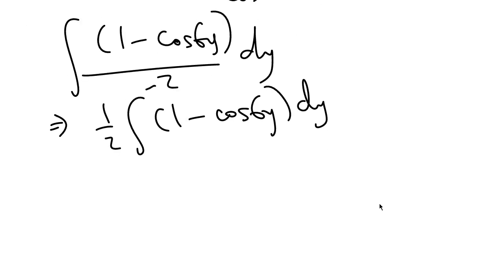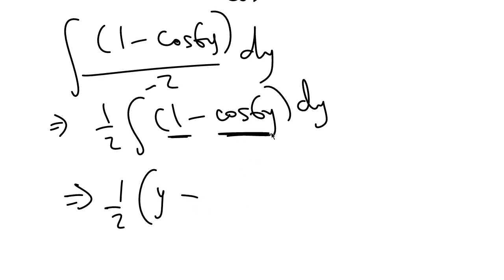So with this, it's simple. If we integrate 1 with respect to y, we're going to have half into y negative. If we integrate this, we're going to have 1 over 6 sine 6y, right? That's via the u substitution.